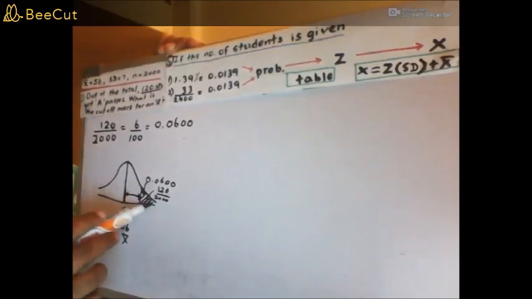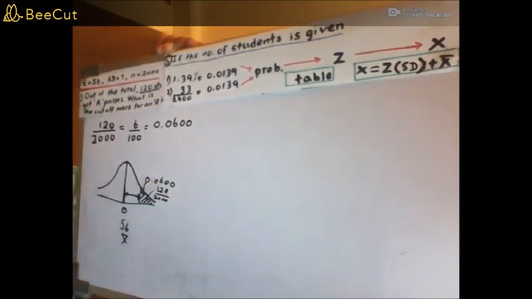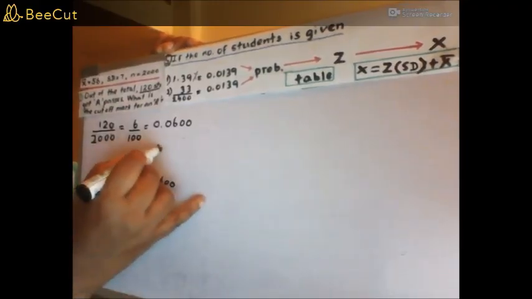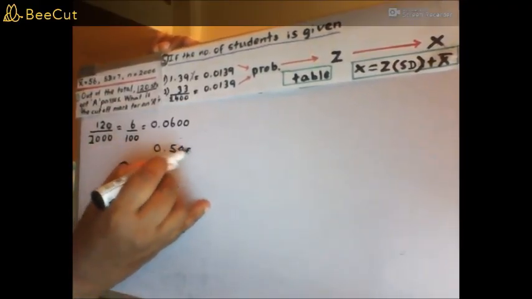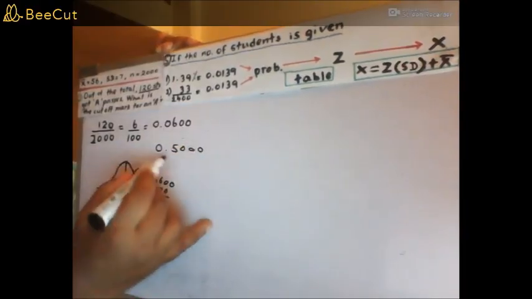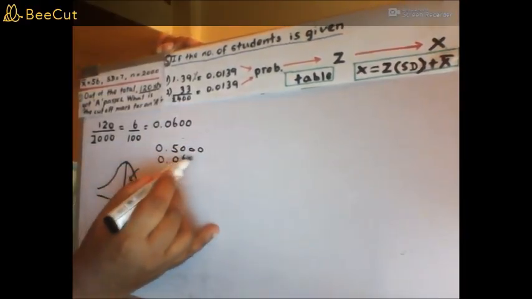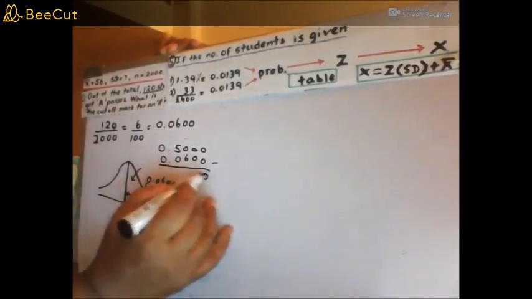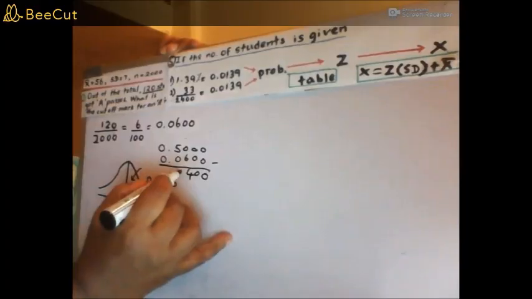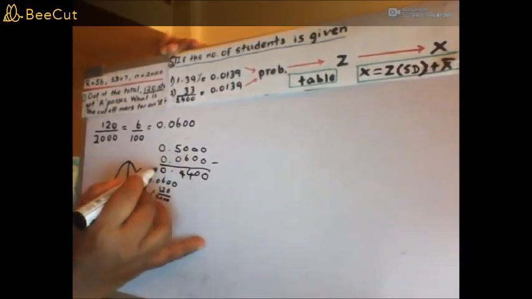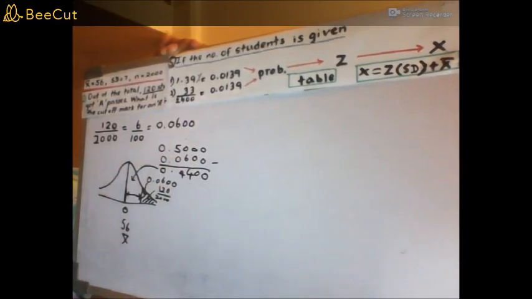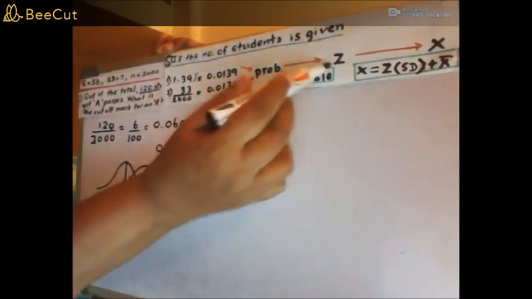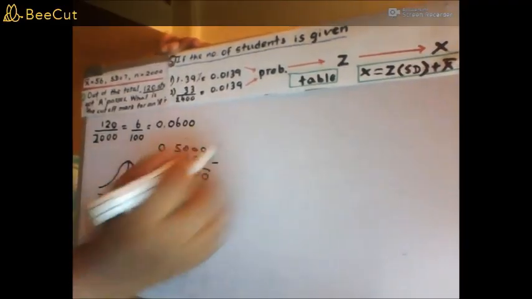We know this side is 0.5, and here you have to deduct 0.0600 from 0.5. So the answer is this, 0.4400. Now go to the table and find the Z value for that probability.